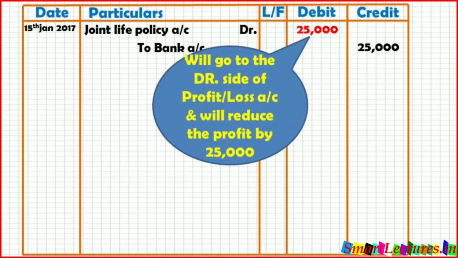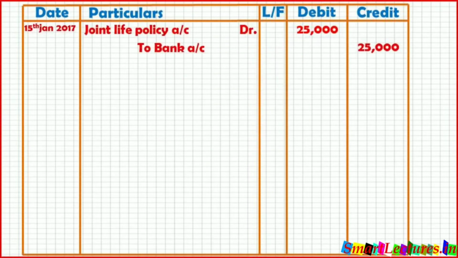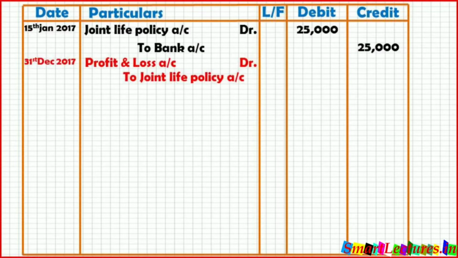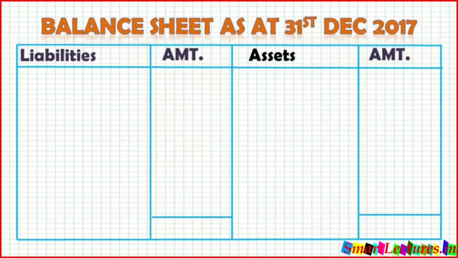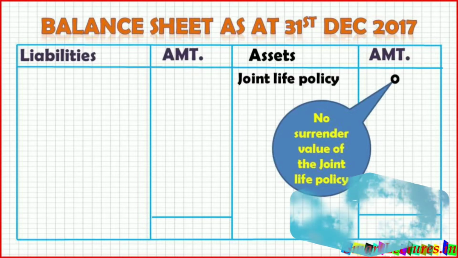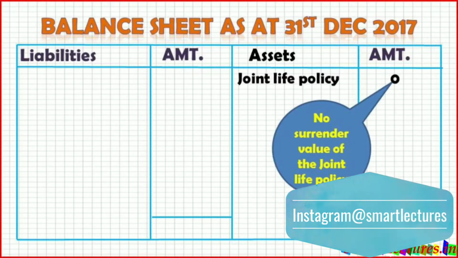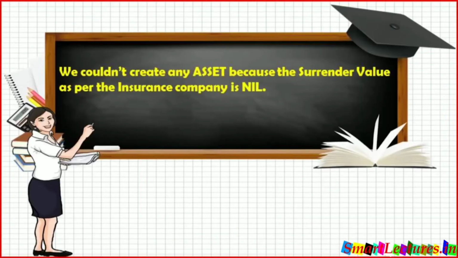The journal entry, joint life policy account debit to bank 25,000, we have already passed, and as on closing, the journal entry will be profit and loss account debit to joint life policy account. And in the balance sheet as on 31st December 2017, it will be 0 because there is no surrender value of the joint life policy today. It means we couldn't create any asset because the surrender value as per the insurance company is nil.